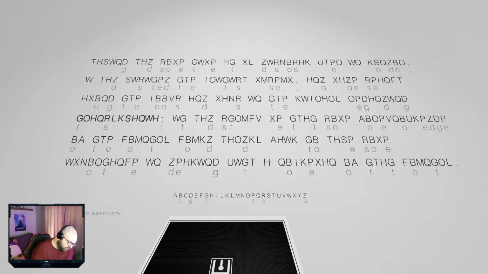So let's try U as T. Because if we're going to work out that U equals T, then that narrows it down a little bit. That's going to help us out with what Q is.